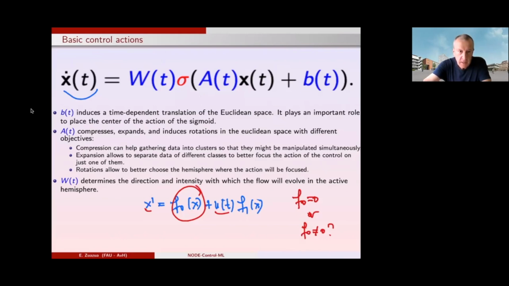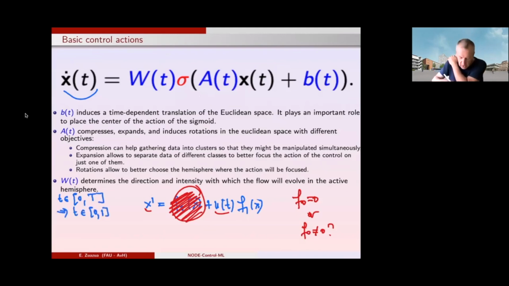There is a significant difference, and it's related to the fact that when F0 is equal to 0, whatever you can do in time, say for t between 0 and capital T, you can also do it, for instance, in time 1.